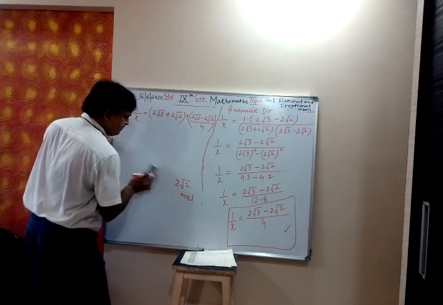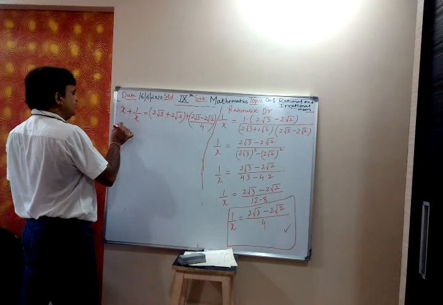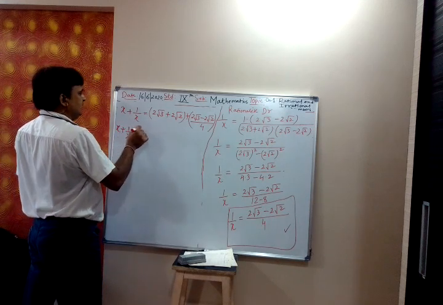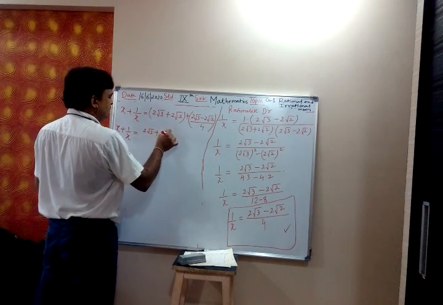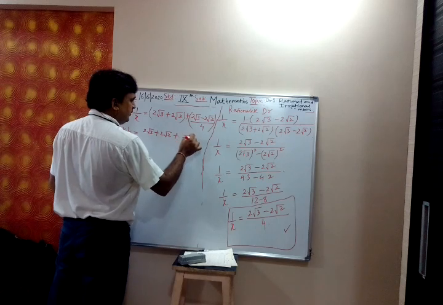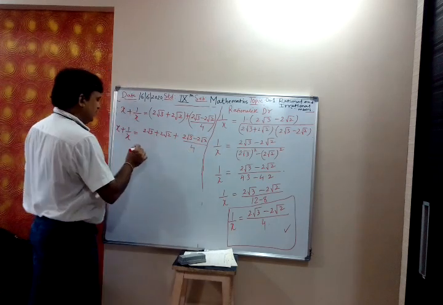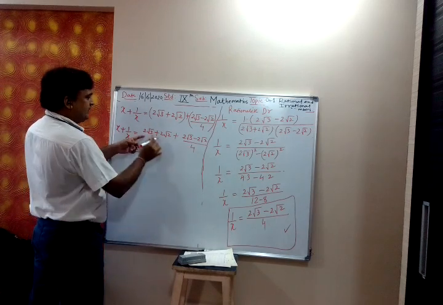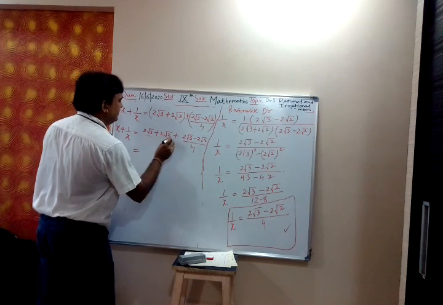Now we simplify this as x plus 1 upon x. So this is 2 root 3 plus 2 root 2 plus 2 root 3 minus 2 root 2 upon 4. Now there is nothing in the denominator, means it is 1.